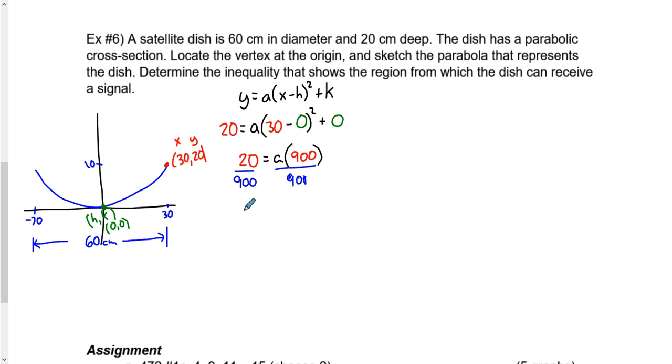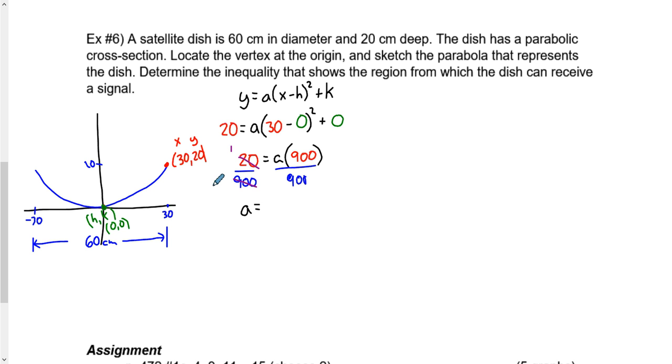And by reducing our fraction, a, what goes into 20 and into 900? Well, that's actually the number 20. So 20 goes into 20 once, 20 goes into 900, should be about 45 times. Where's my calculator? 900 divided by 20.